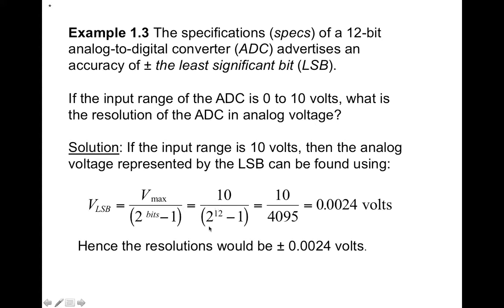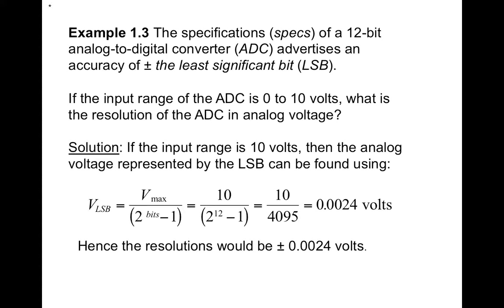So 10 over 2 to the 12th minus 1 is 10 over 4,095. What that means is that each level of quantization represents 0.0024 volts. So the resolution would be plus or minus 0.0024 volts.